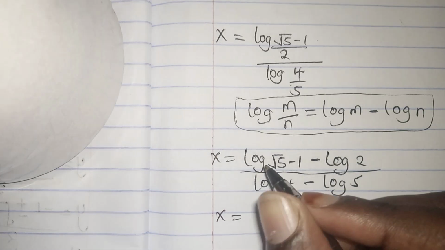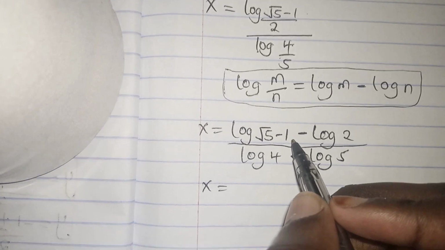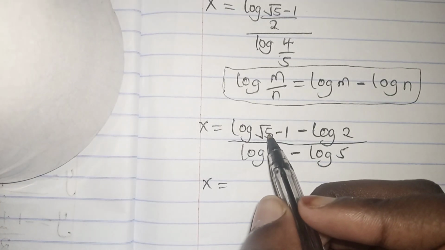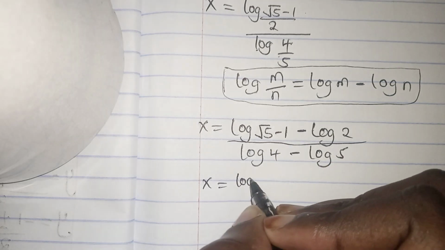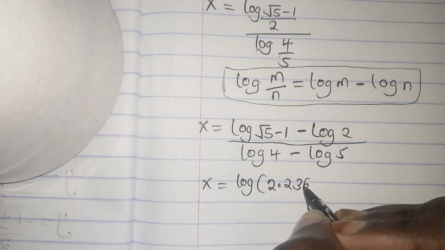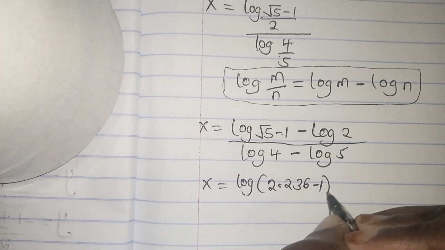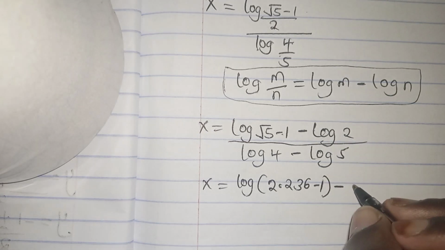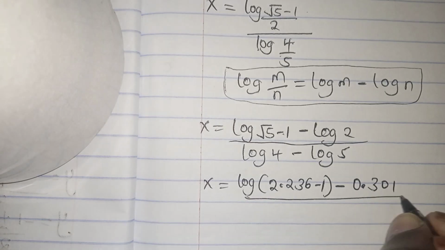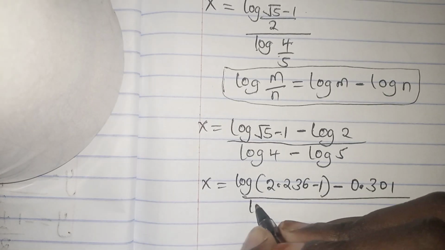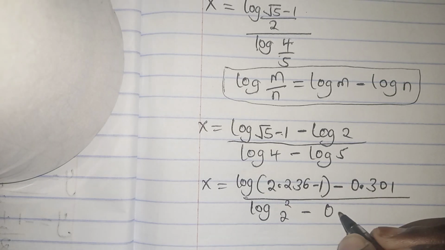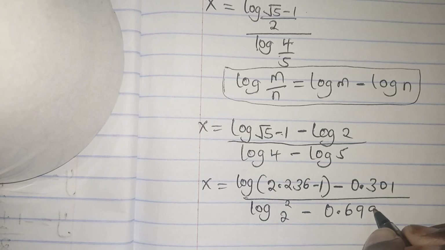x is equal to log of the square root of 5 minus 1. So we shall use our calculator. The square root of 5 is approximately 2.236, minus 1, bracket, minus log 2, which is 0.301, over log 4, we can write it as log 2 to the power of 2, minus log 5, which is approximately 0.699.